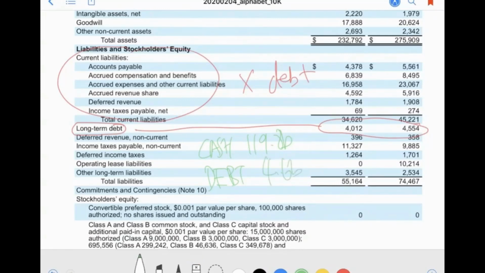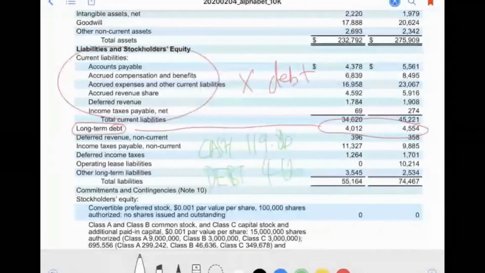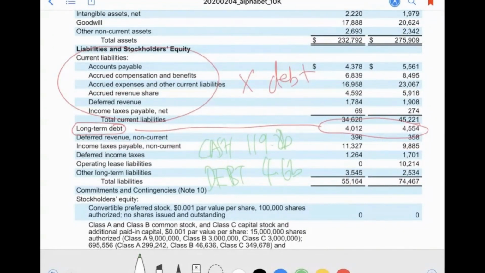So in this case, I noticed that if any issue happens, like the recent coronavirus case or any financial impact, this company won't go bankrupt because they have more cash than their debt. They can definitely survive any economic crisis because they have just about 4.6 billion in debt, whereas they have over 100 billion in cash. So this is the first thing that I look out for.